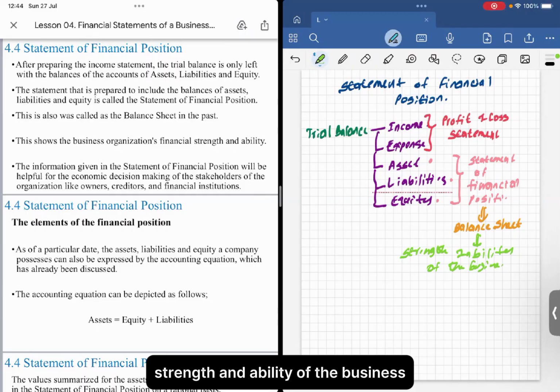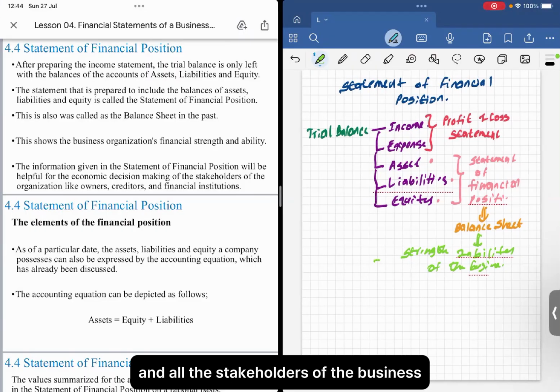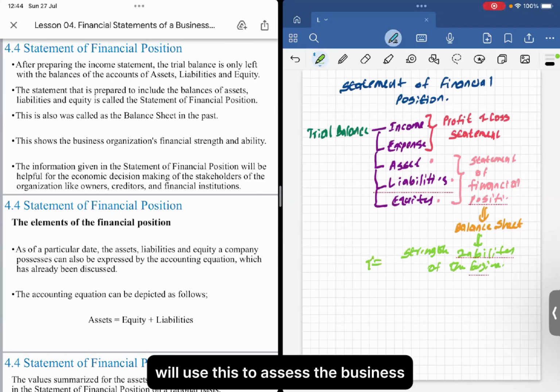All the stakeholders of the business will use this to assess the business, stakeholders like owners, creditors, and financial institutions.